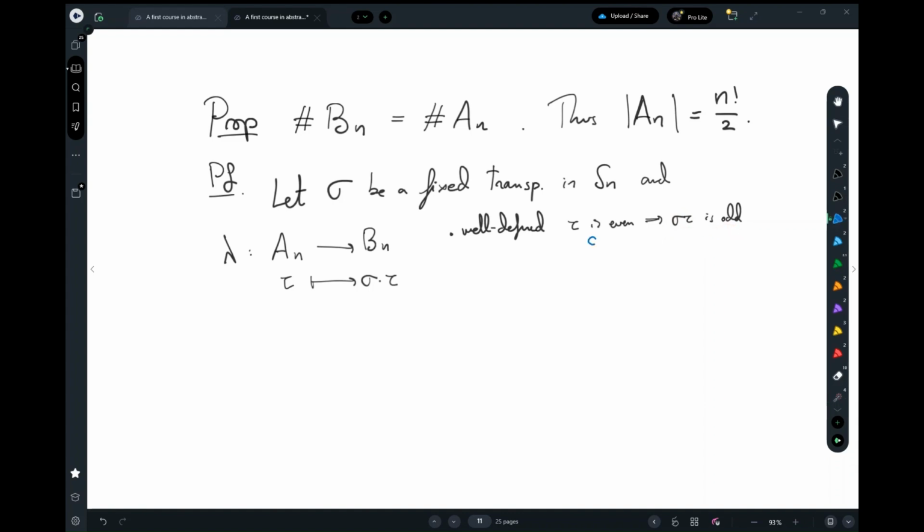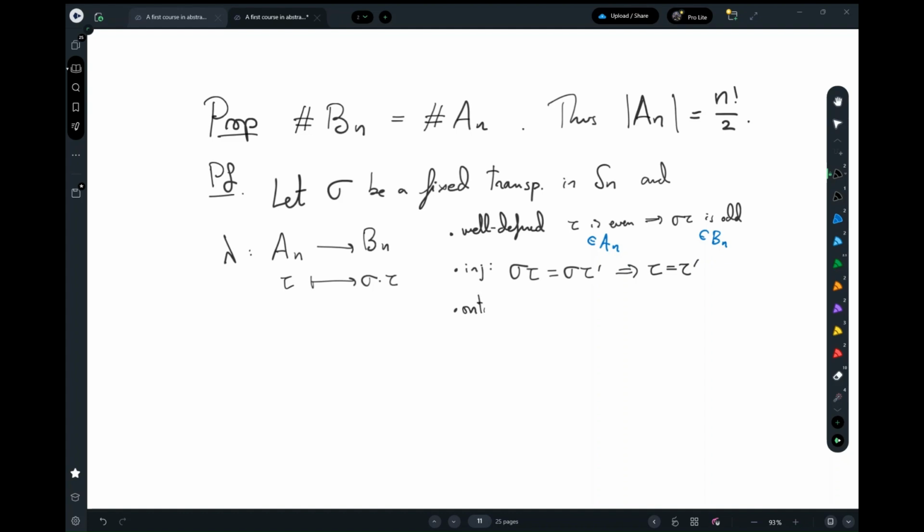So tau is in An, and that tells me that this is in Bn, and therefore the map is well defined. Is it injective? Yes, it is injective, because if I have that sigma tau is the same as sigma tau prime, I can cancel in groups, I can multiply both sides on the left by sigma inverse and get that tau was equal to tau prime.